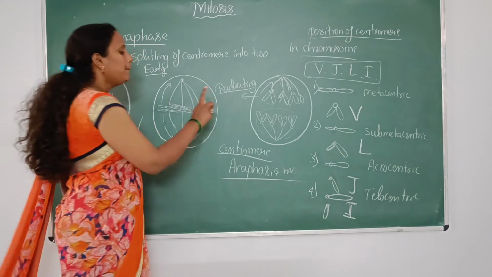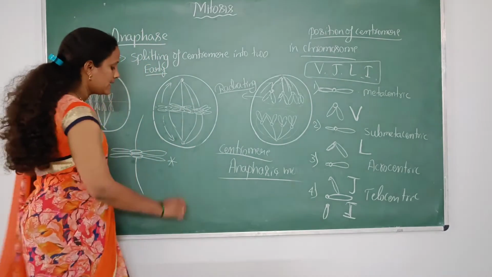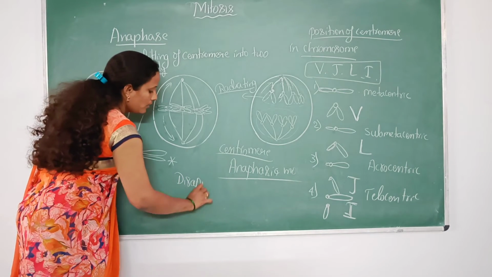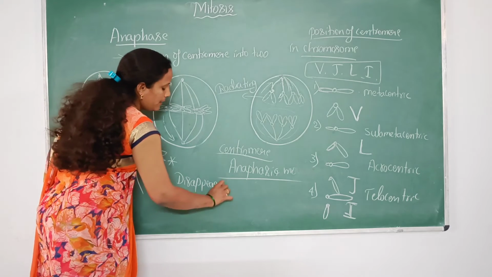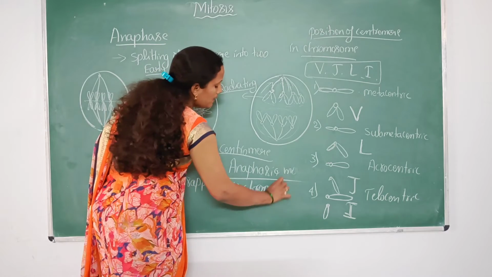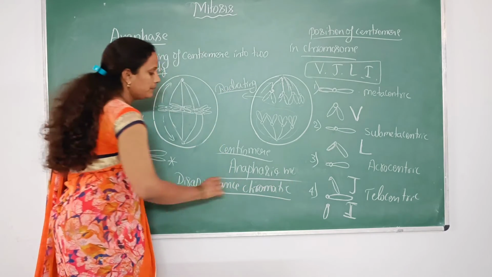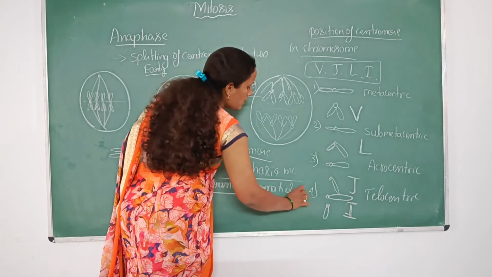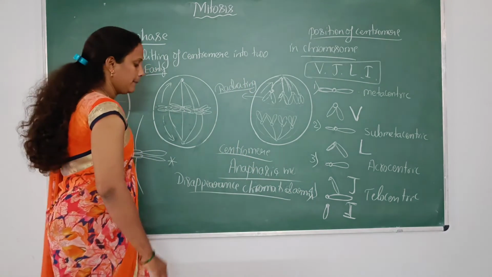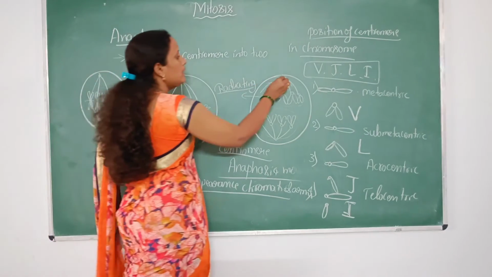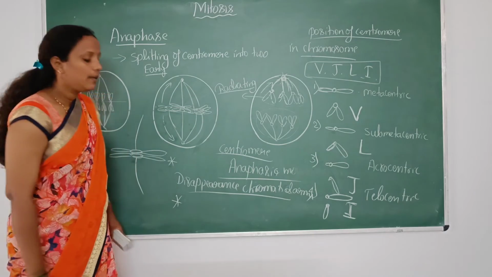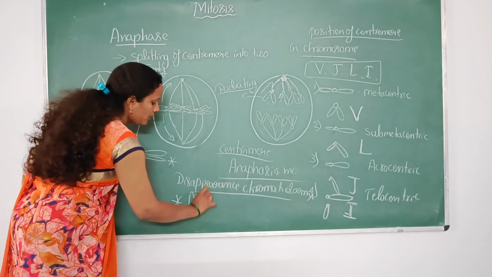And by the end of anaphase, there is a disappearance of chromatid arms. That means the chromatids will start disappearing, but the mitotic apparatus will remain as such.